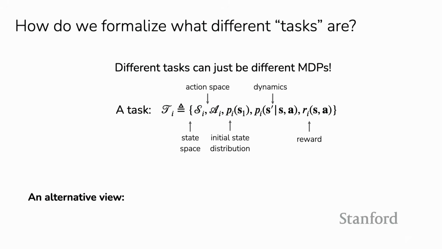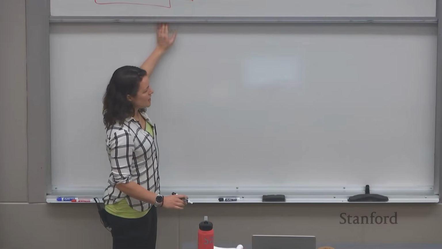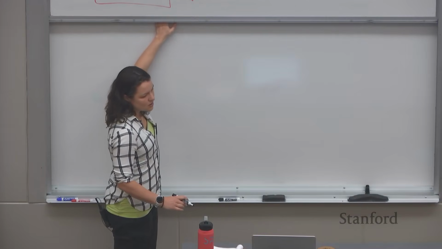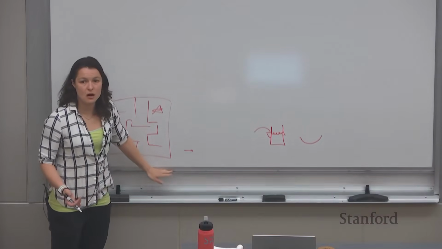Now, once you have the task identifier, an alternative view on the multitask RL problem is simply having the task identifier be part of the state, where we're writing S bar as the original state. What this means is that before we had a collection of MDPs, written at the top, and we can actually construct a single MDP that covers all of the tasks.